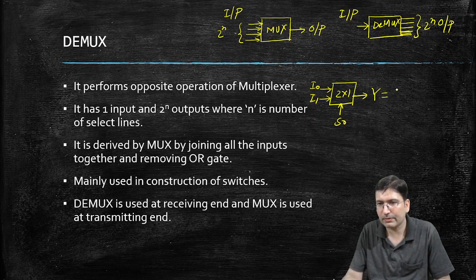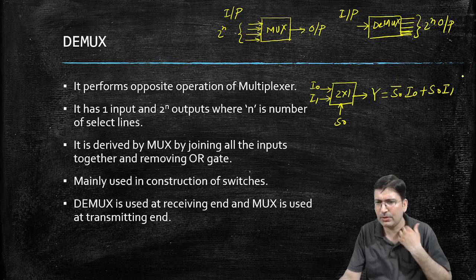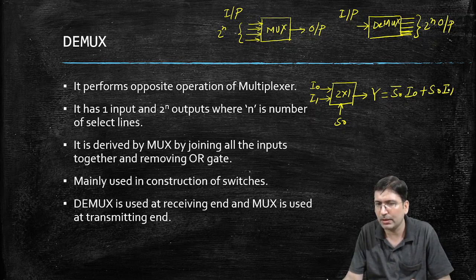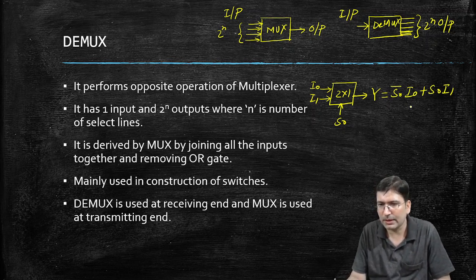Y will give, with S0 bar, we will get I0, and with S0, I1 will be received. If there is an enable line also you want to consider, then you can perform the ANDing with the enable line. So that is this, right?